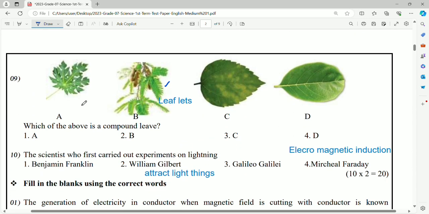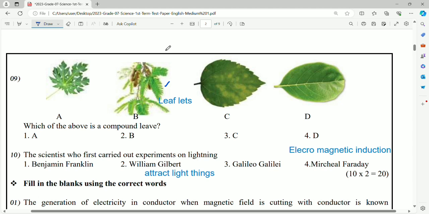So let's move to question number 9. Which of the above is the compound leaf? Compound leaves are made of small leaves. That means the leaf blade is divided into small parts. Examples: tamarind, curry leaves, neem, agathi.